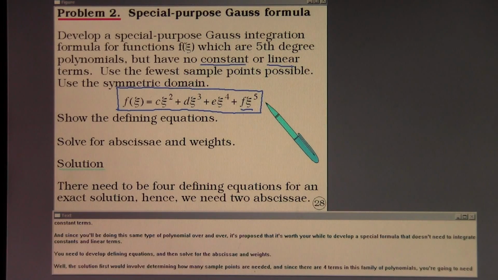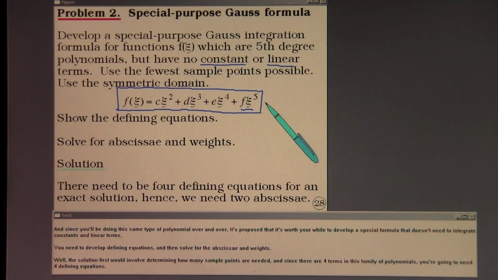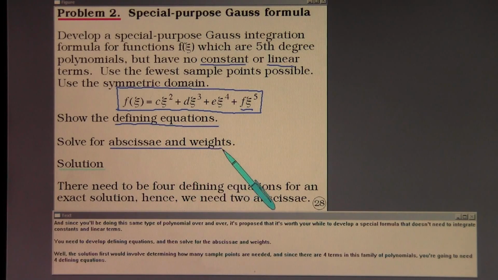And since you will be doing this same type of polynomial over and over, it's proposed that it's worth your while to develop a special formula that doesn't need to integrate constants and linear terms. You need to develop the defining equations and then solve for the abscissa and weights.